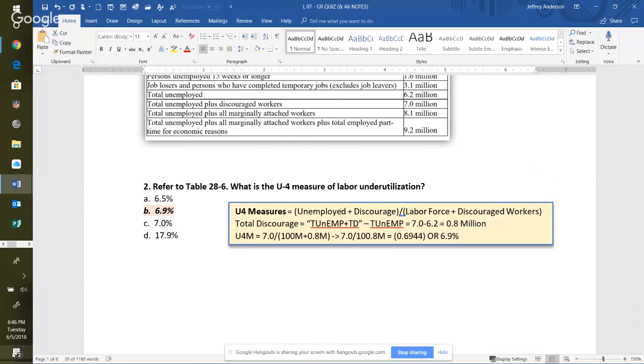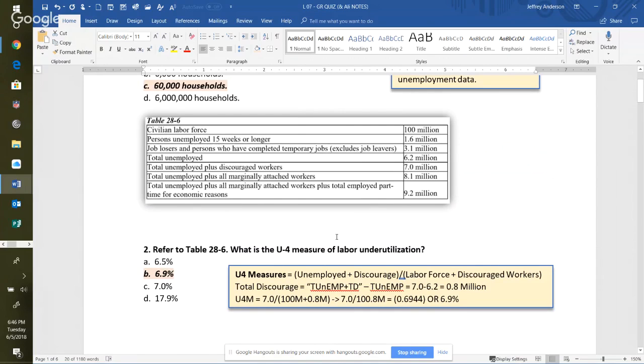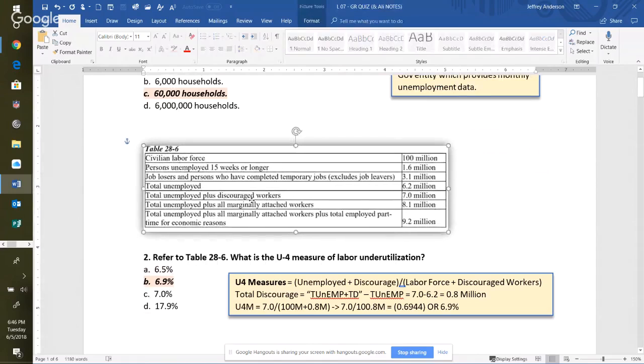So anyway, up here was the formula or the chart that had all of the values. And so based on our formula, it didn't list the total number of discouraged. And so the way I was able to get that was by taking this one here.